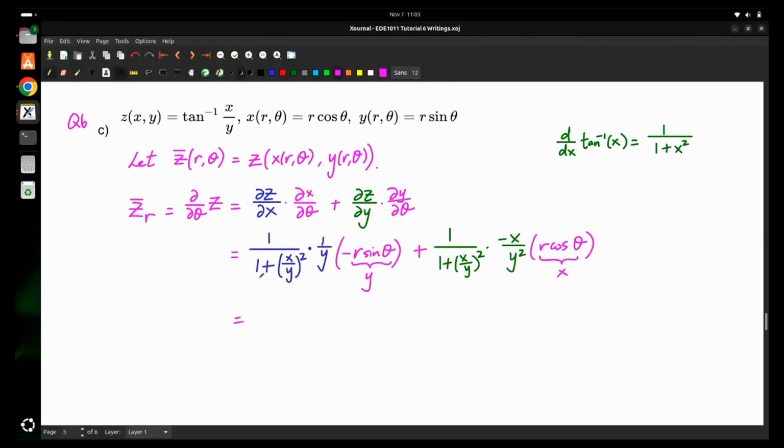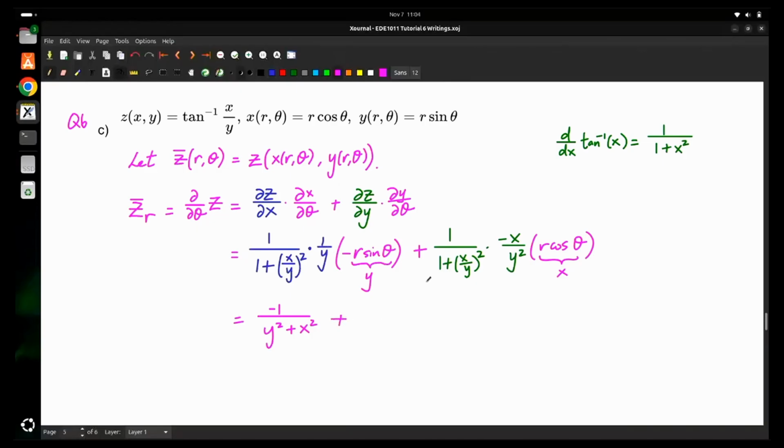So that means this expression simplifies to, sorry, it should be minus 1 over, there's a y square here, but there's also a y square here, correct? So this is minus 1 over y square plus x square. Because the y square here will divide off the y square at the denominator here.